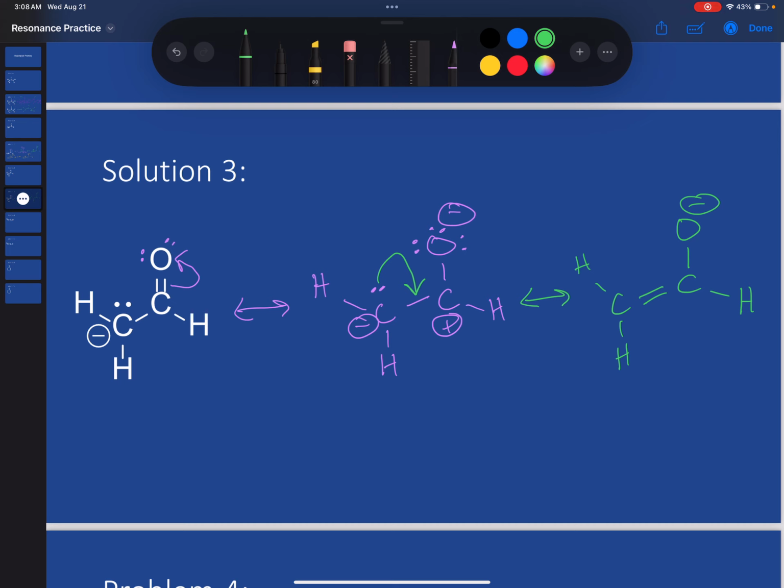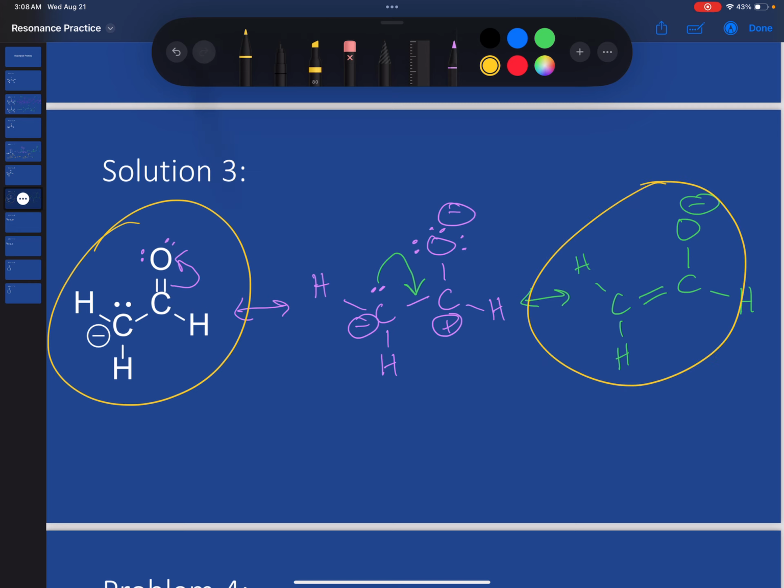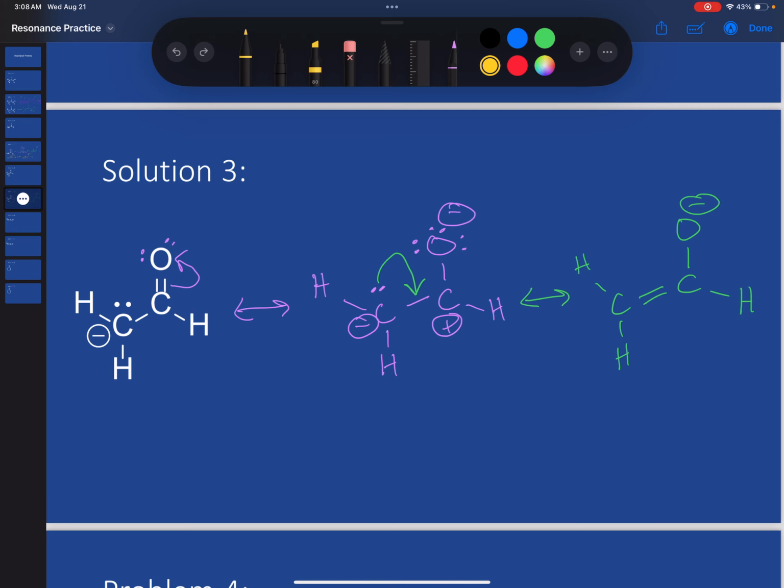And also, like the previous structures, I could have gone straight from this structure to this structure. How I know that is I have a negative charge right next to an atom that has a pi bond. So the way I would draw this is I would have my carbon with its negative charge. I have my carbon doubly bonded.